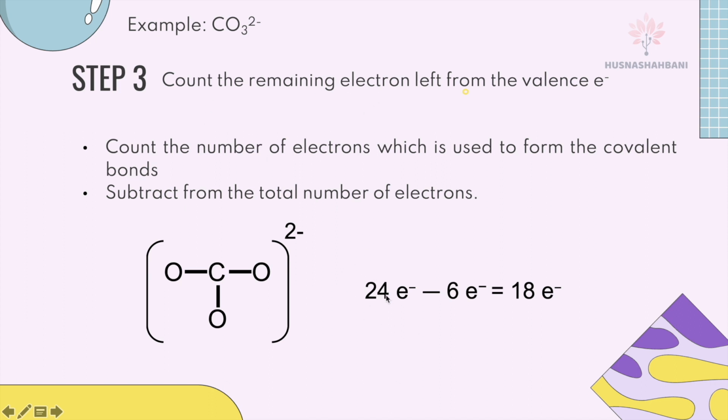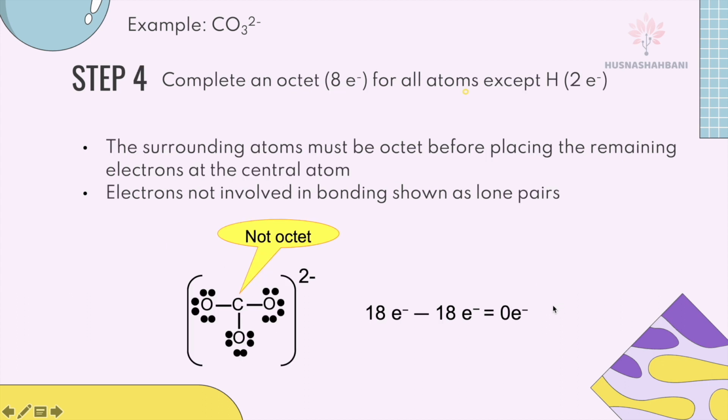Total valence is 24 electrons, and the electrons you used for bonding are 6. So 24 minus 6, leaving us with 18 remaining electrons. Those 18 remaining electrons you use to complete an octet, 8 electrons for all atoms except hydrogen, which takes a duet. So with that 18, you complete the octet for the surrounding atoms first.